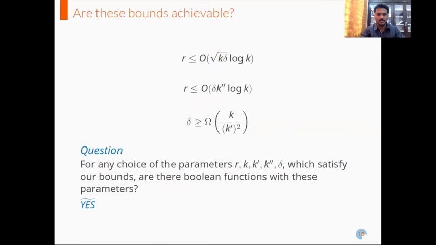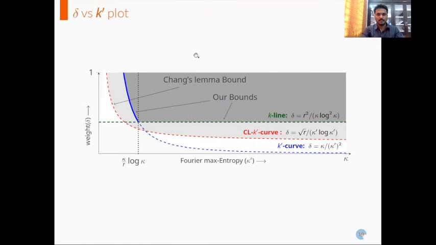Okay, so this is the graph which plots the Chang's lemma curve, and this is the Sanyal's bound from theta 1, and this is the observation. So what we are going to show is we are going to exhibit functions, given an R, K, and K prime.